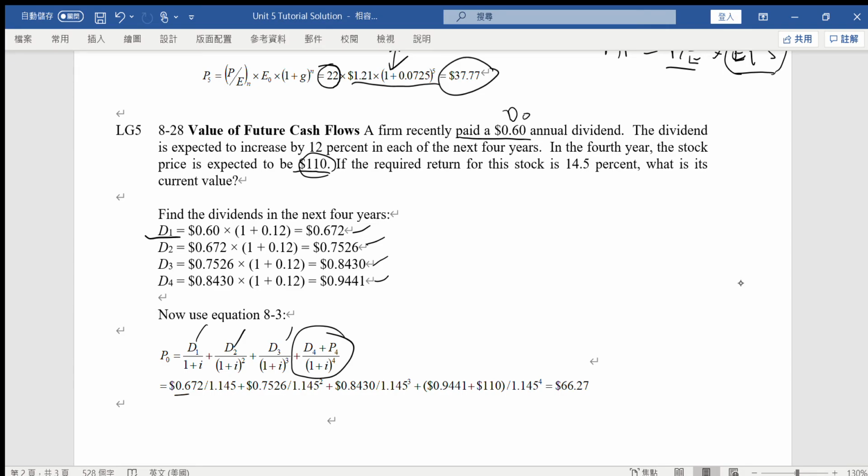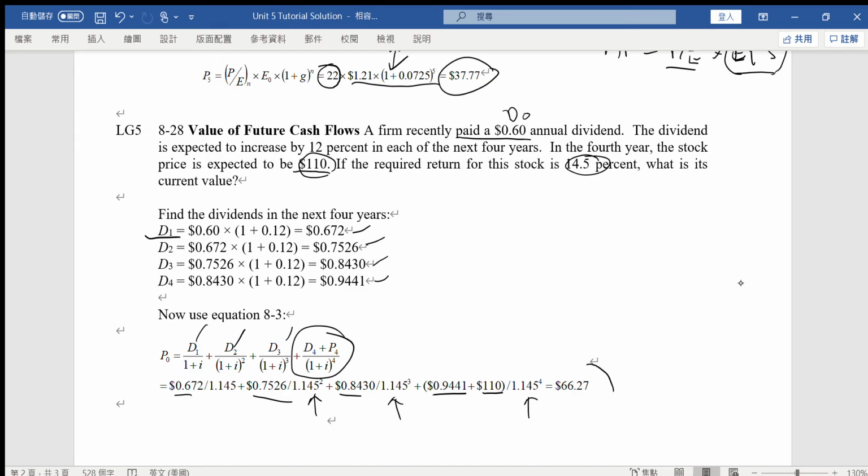The first year dividend is discounted by the discount rate, the required rate. And then the second year, same, divided by the same figure to the power 2. Year 3, same figure, to the power 3. And then the last year, that will be the share price in year 4, and then discounted by the discount rate to the power 4.